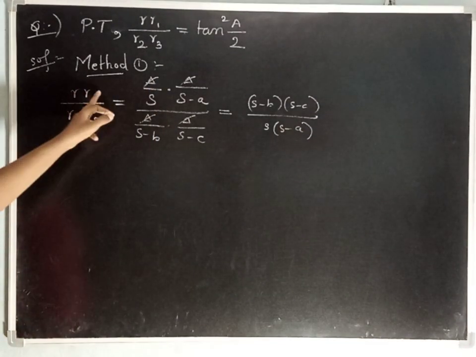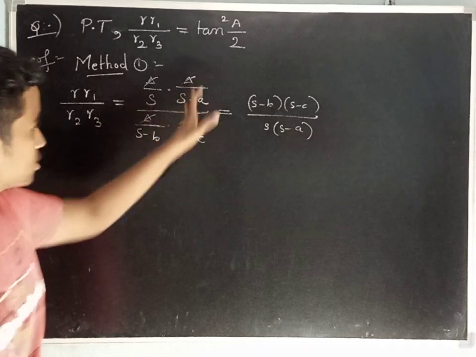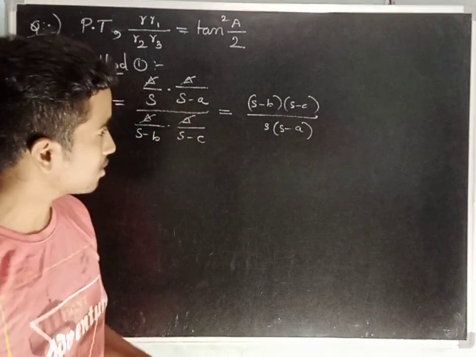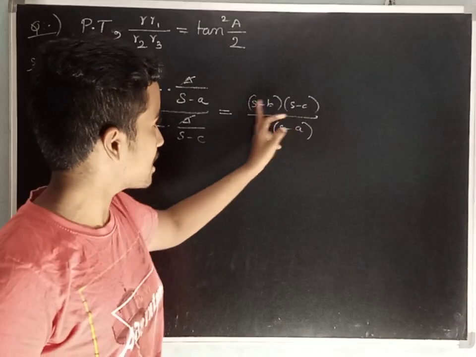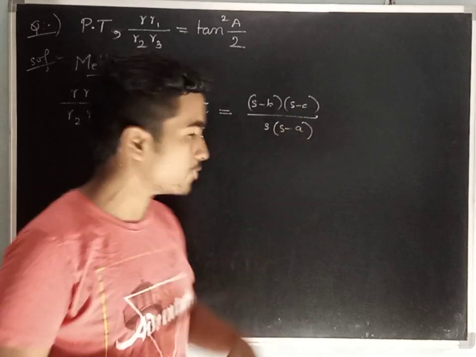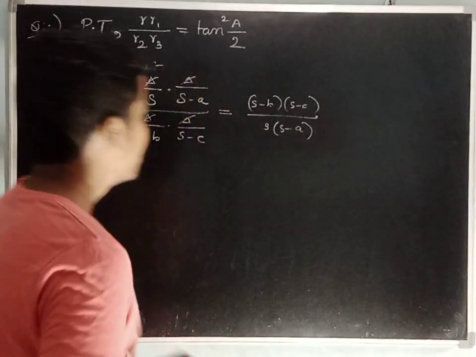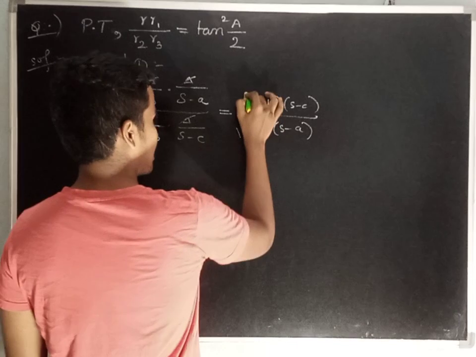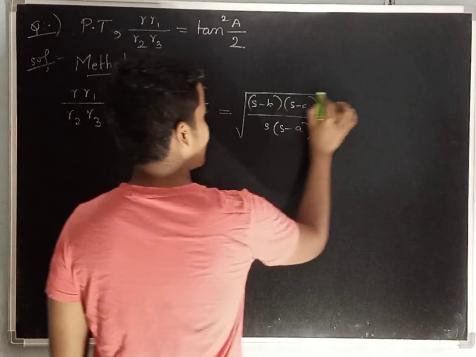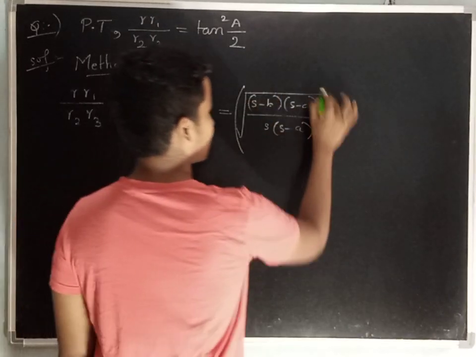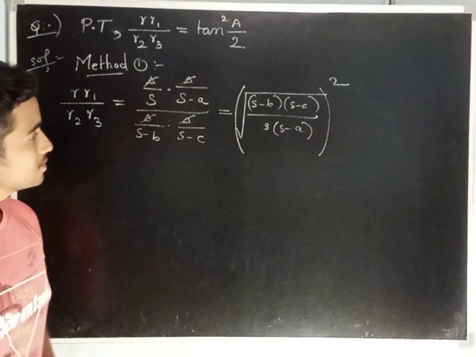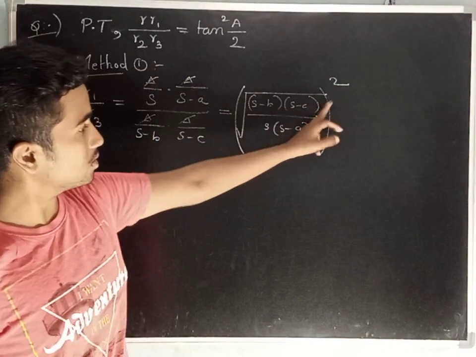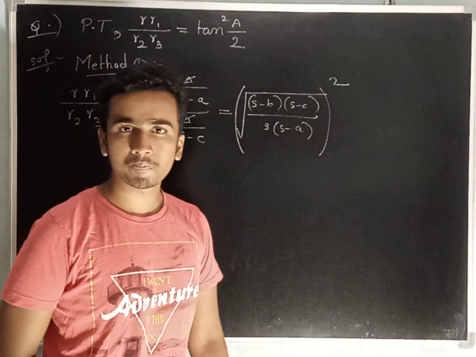Simplifying by substituting the fundamental formulas, we get the final result as s minus b into s minus c by s into s minus a. Now I can write it under root and whole square, so I am keeping the root and squaring on both sides.